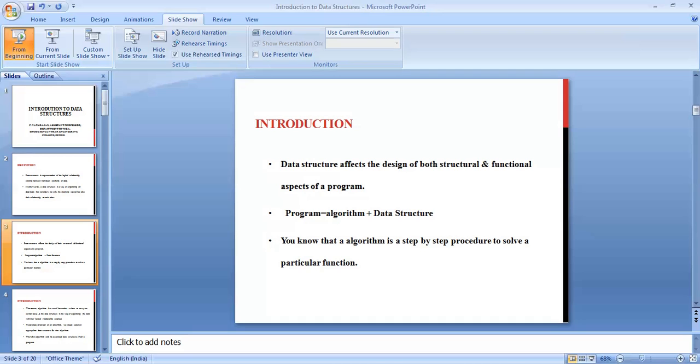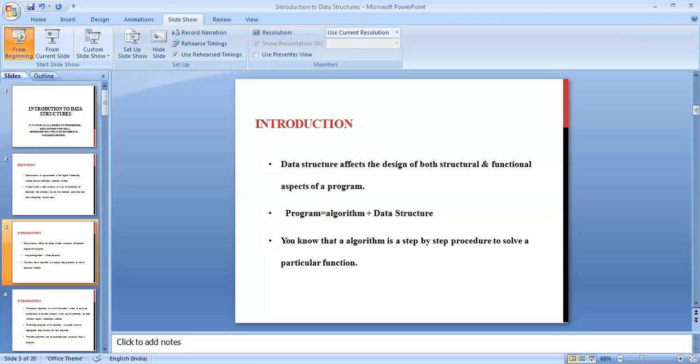The last point is, therefore, an algorithm and its associated data structures form a program. In every slide they simply concentrate on two things.